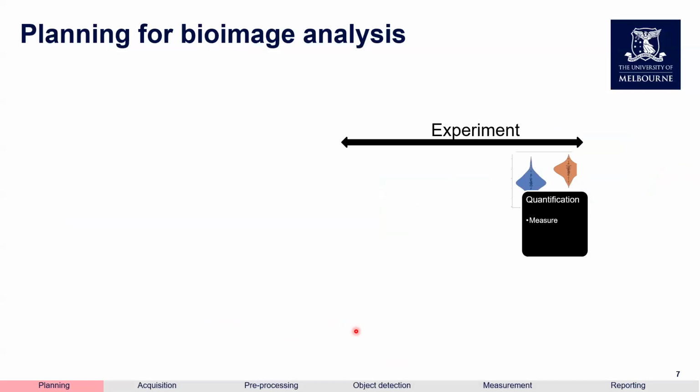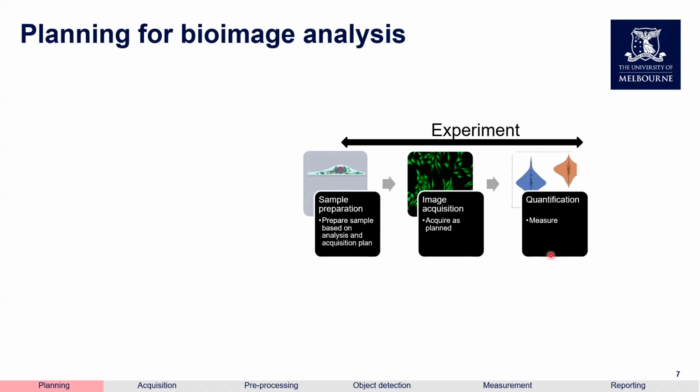But this analysis always comes as the last step of our experiment, mainly because, of course, we will have to prepare the sample and take the image. And as microscopy and image analysis techniques become more and more sophisticated these days, we can get a lot more information.